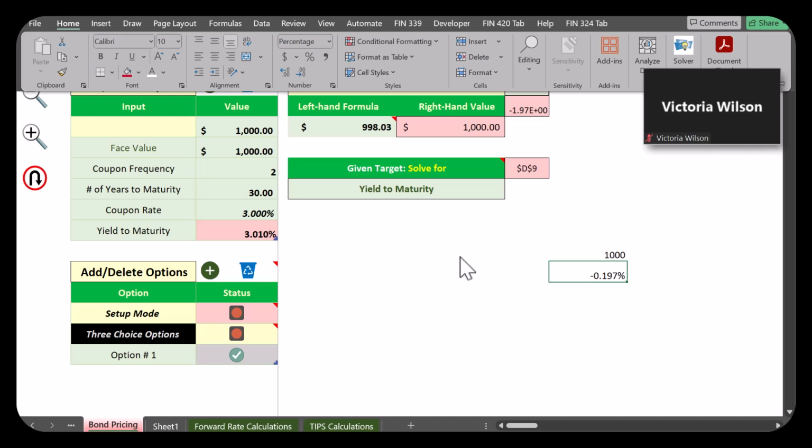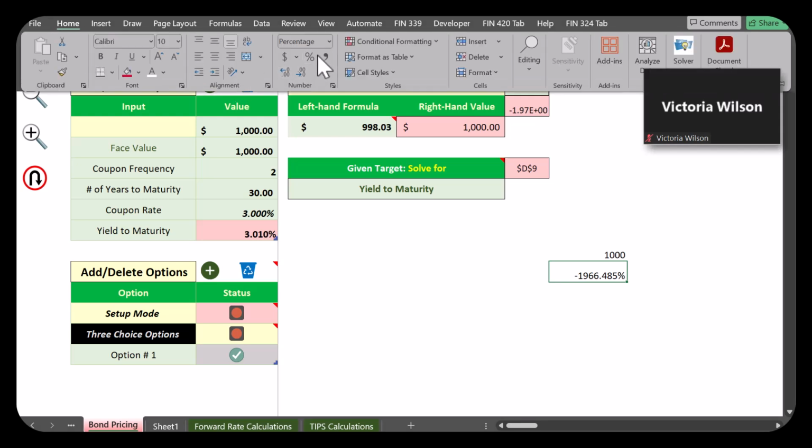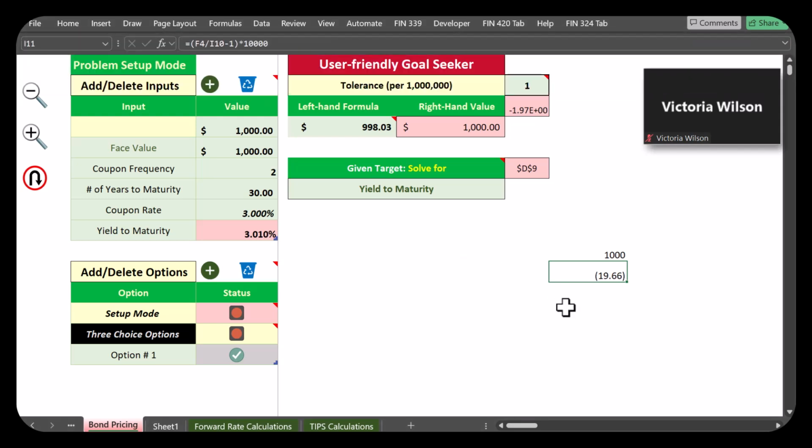Basically, 1 basis point increase in the yield to maturity of this bond decreases the value of the bond by about 20 basis points. Sometimes we actually multiply this whole thing by 10,000 and make it into regular numbers. That's actually the financial duration or the modified duration of the bond. It's an estimate of that.